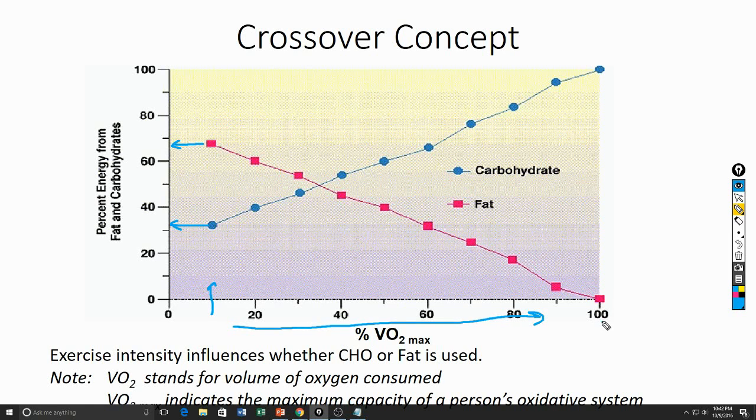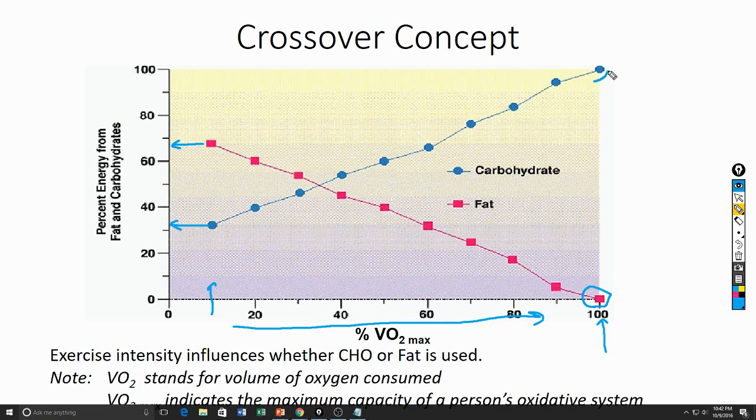And as we go to this final point here, 100% or maximal aerobic capacity, you'll see that fat utilization down here is basically non-existent. You are, of course, still metabolizing some fat, but its contribution to your total energy production is insignificant.